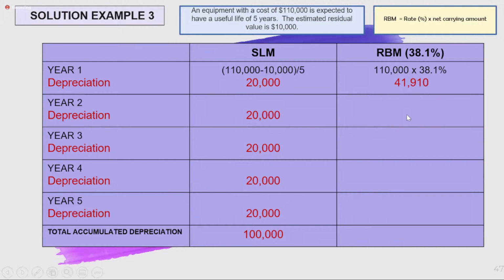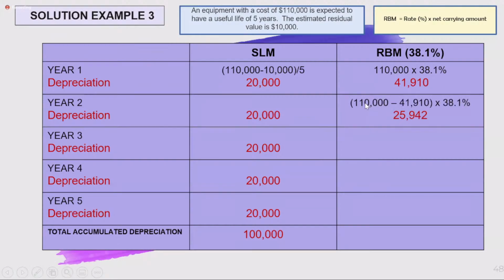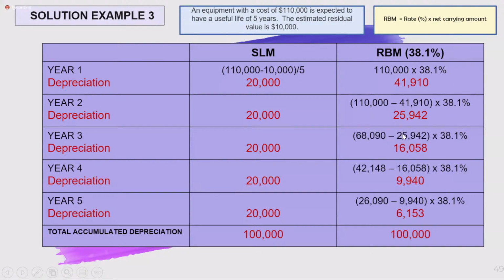Then untuk second year, 110 tolak dengan depreciation, kali dengan 38.5. It will be the net carrying amount. Untuk seterusnya, you have to get the net carrying amount dulu baru kali dengan 38.5. Okay? Boleh ke di situ?